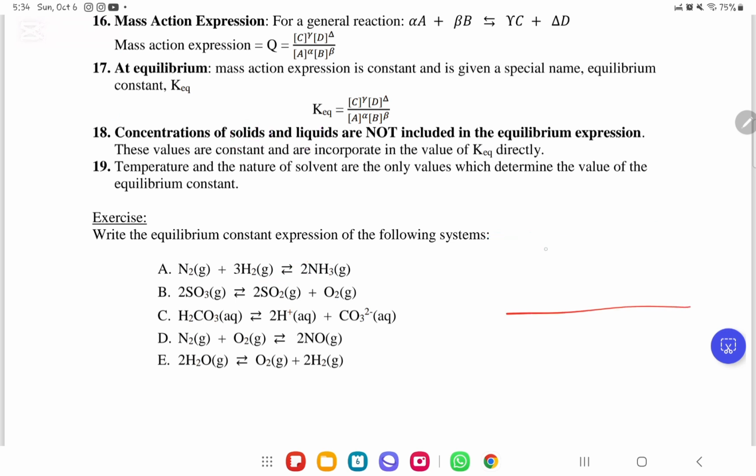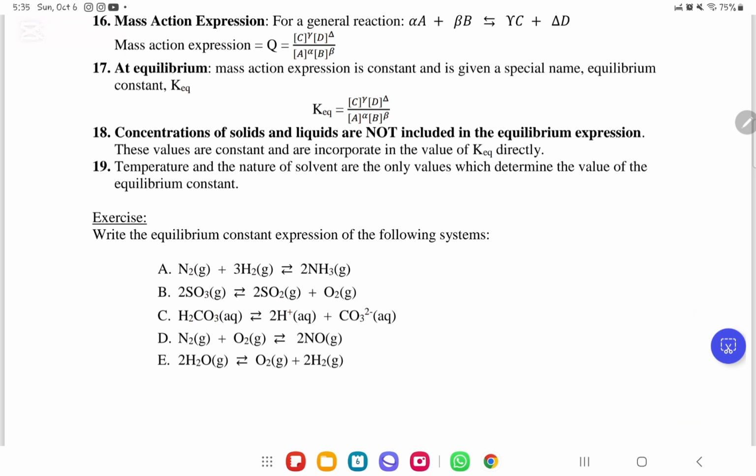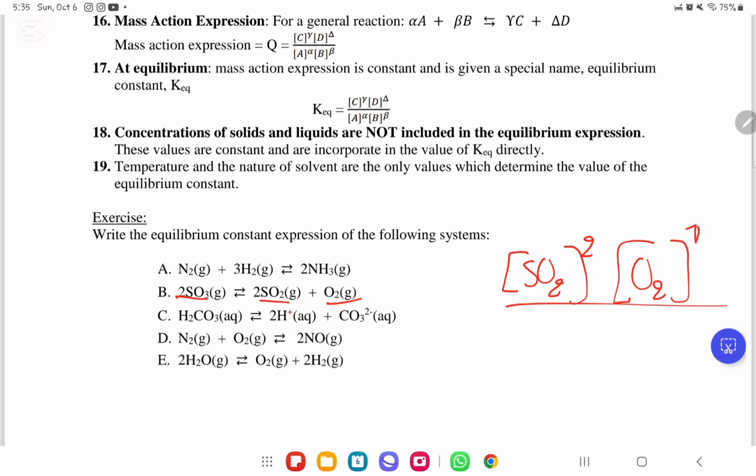So here we're going to put concentration of NH3 to the power of 2 over the concentration of H2 to the power of 3 and the concentration of N2 to the power of 1. So that's for part A. For part B, we have gas, gas, gas. So we do the concentration of SO2 to the power of 2 multiplied by the concentration of O2 to the power of 1 over the concentration of SO3 to the power of 2.